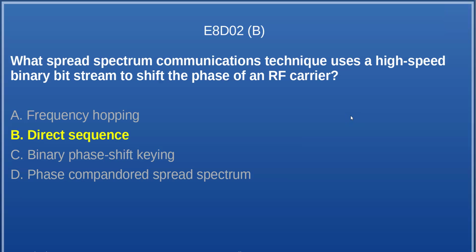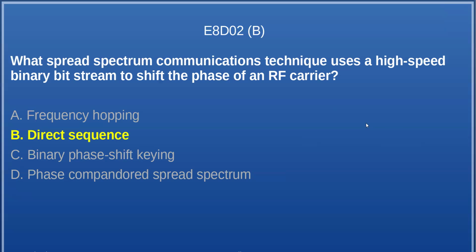Well, let's see what it is. It's either frequency hopping, which uses pseudo-random frequency, or direct sequence. So that's what I was having trouble with, but then it says binary bit stream. That's a good distractor, because it is shifting the phase, either positive or negative, so it is kind of binary, you know what I mean?